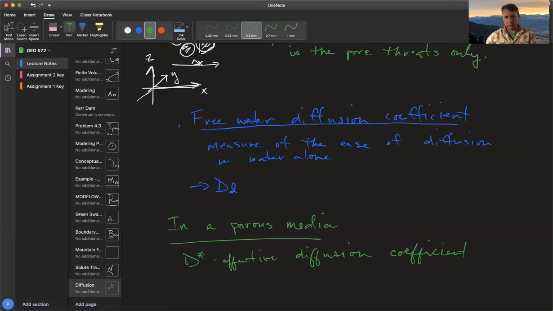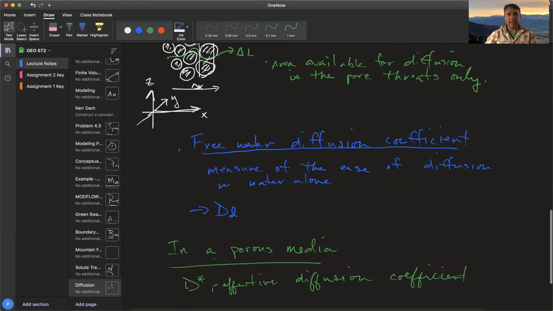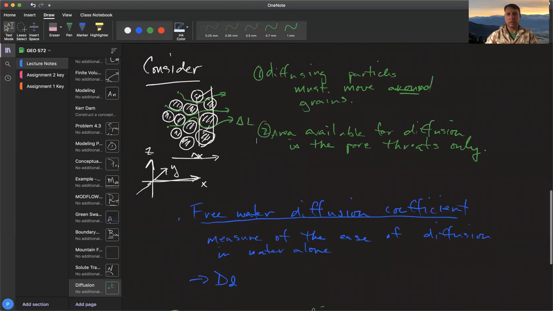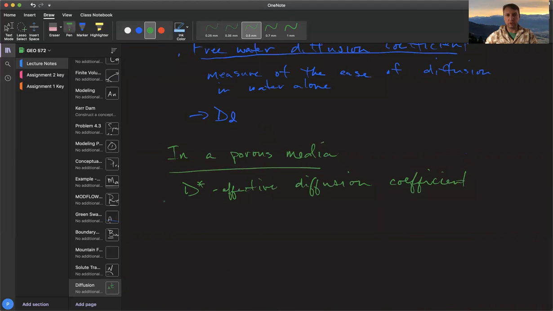We'll call it D star. And I'm going to number these processes. The effective diffusion coefficient, because of one, is something like this.